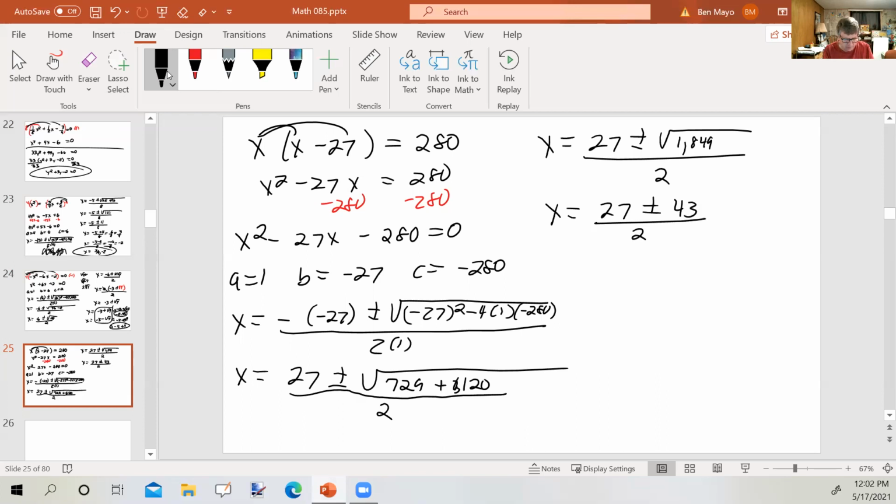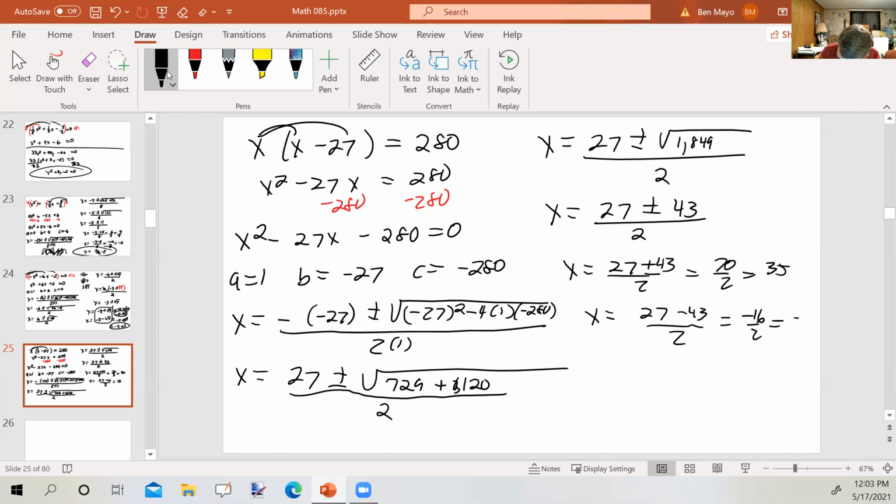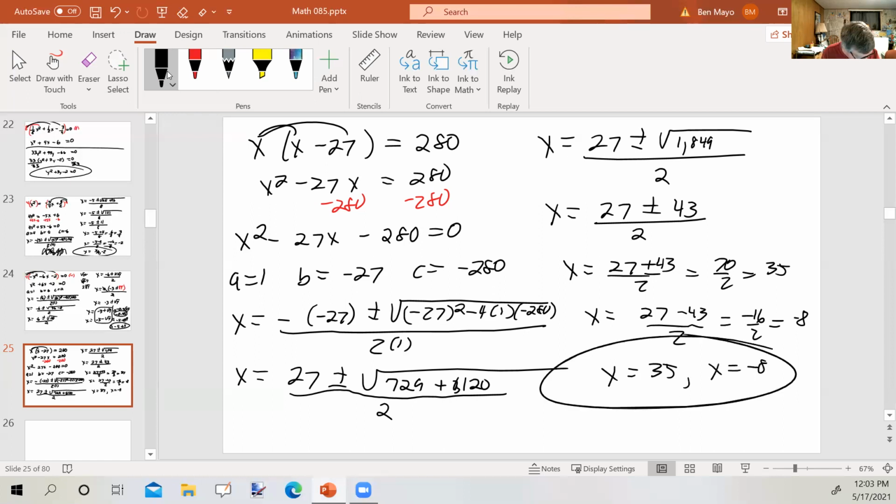So the square root is 43. So x equals 27 plus 43 over 2, which is 70 over 2 or 35. x equals 27 minus 43 over 2. 27 minus 43 is -16 over 2, which is -8. So x equals 35. x equals -8.